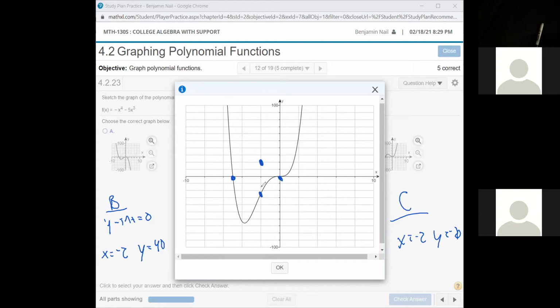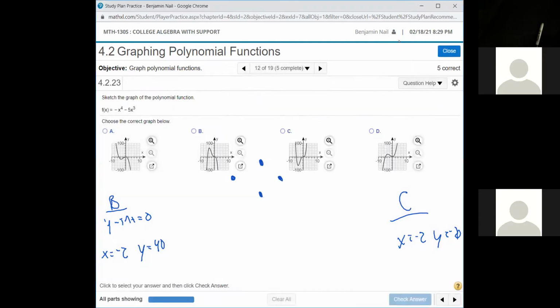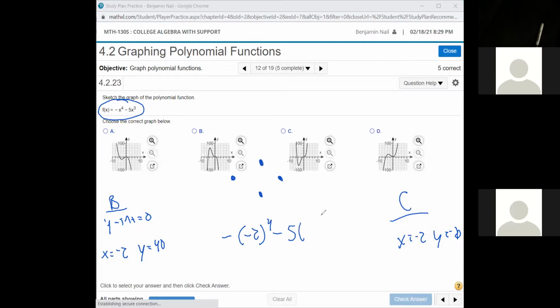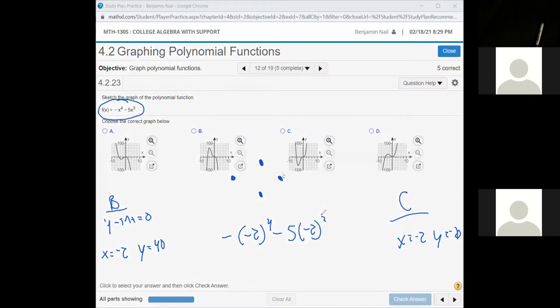So if I close this out and go back to my initial function, negative x to the 4th minus 5x cubed, if I plug in a -2, then I can figure out exactly which y value corresponds to the correct one.